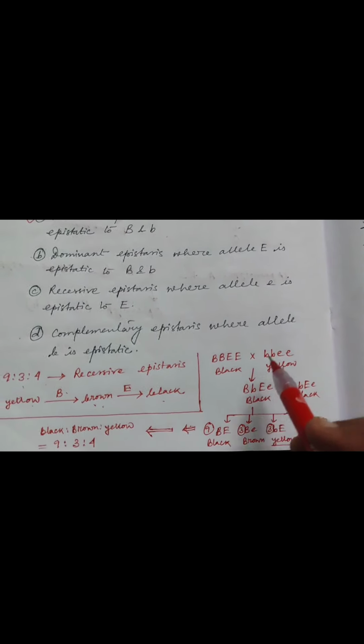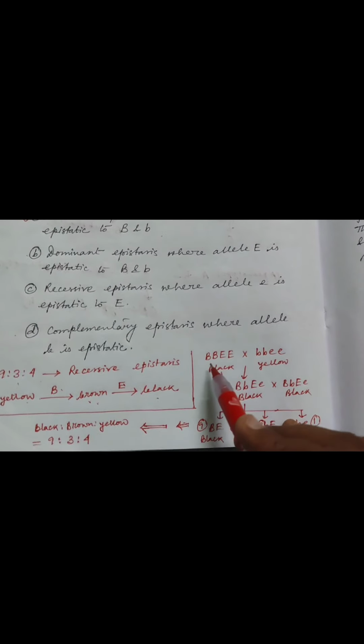Okay, so let's cross the homozygous dominant black Labrador with homozygous recessive yellow Labrador. In the F1 progeny they will produce heterozygous progeny, which will obviously be black, because both B and E are present.